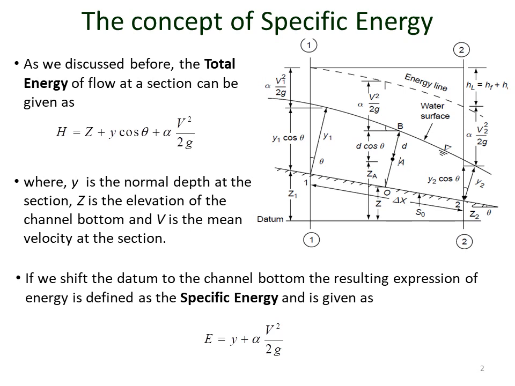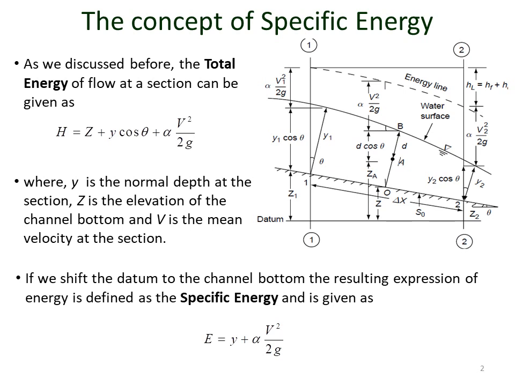The datum is a horizontal one here. Now imagine we shift the datum to the channel bottom, and that's how we arrive at the energy which is defined as the specific energy of open channel flow.